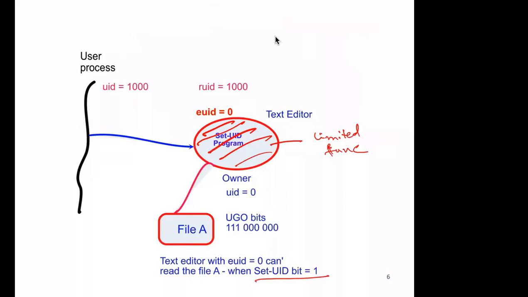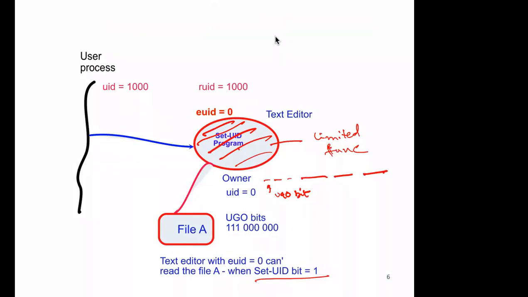Note that every program has, under the UGO model, 9 bits plus 3 extra bits. If that is so, then this becomes a very special program.